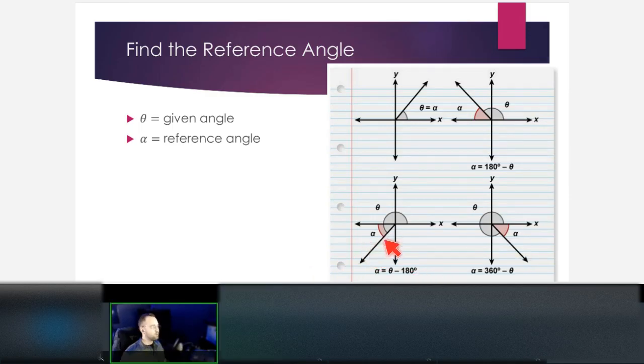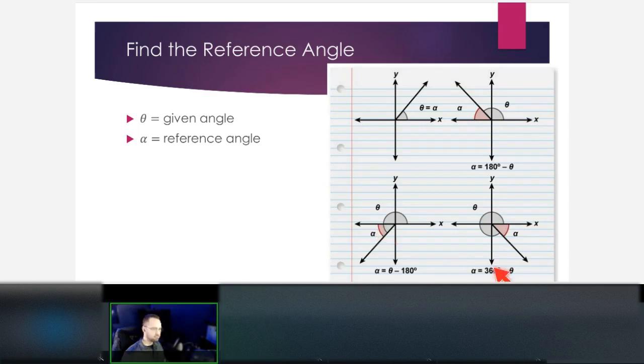If we're in quadrant 3, the reference angle alpha, formed by the negative x-axis and the terminal ray, is calculated by taking the given angle, starting here and going all the way around, and then subtracting out a half rotation. So it's the given minus 180 degrees, and that leaves us with alpha.